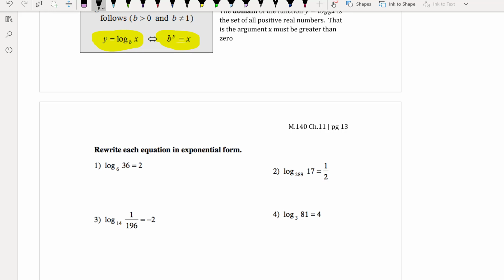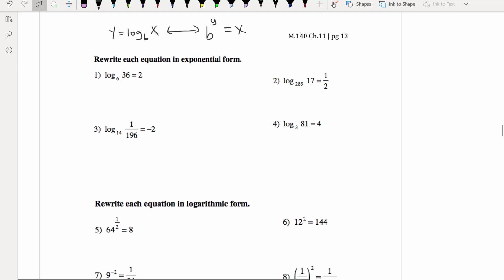For the next couple of examples, it says to rewrite the equation in exponential form. So I'm going to write what I have up above: y is equal to log base b of x, and I can rewrite it as an exponential, b to the y is equal to x. I can see that my base is 6, so 6 to my exponent, which is 2, is equal to 36.